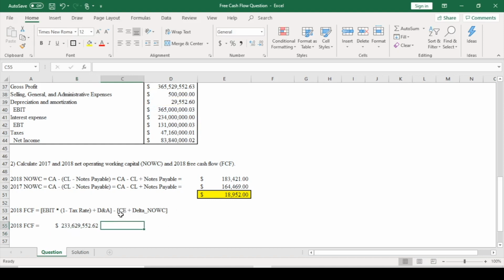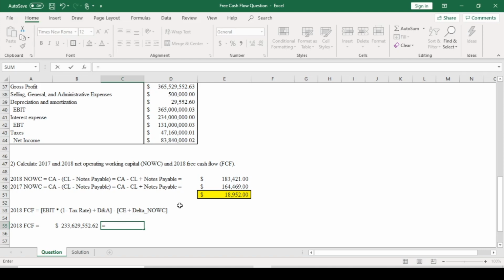And now we need to calculate the second part. Okay? Minus, right? This is minus. It doesn't work, so I'm going to calculate this second part here. How do we calculate the capital expenditure? For capital expenditure, you need two components, net fixed asset and depreciation and amortization.